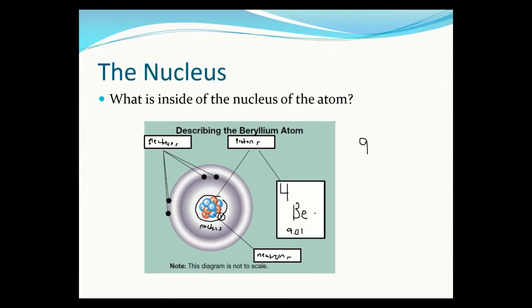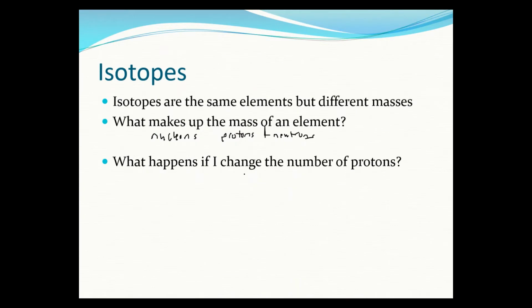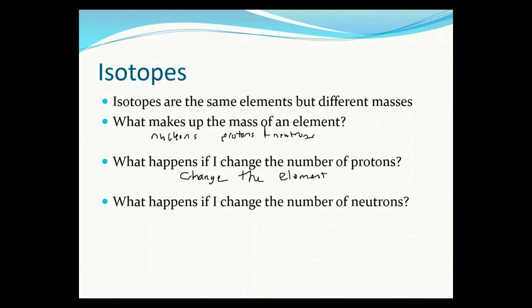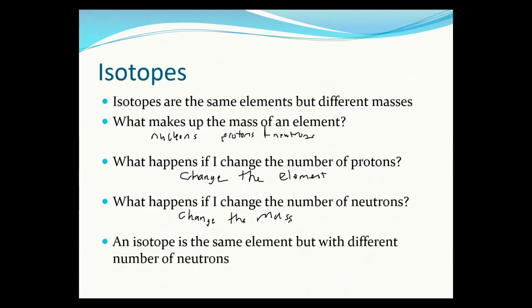So if we change the number of protons, we change the element. What happens if I change the number of neutrons? Well, the number of neutrons don't make up the element, but they make up the mass. So what we would change is the mass. So an isotope is the same element but with a different number of neutrons.